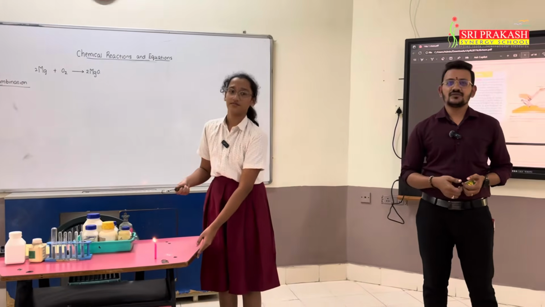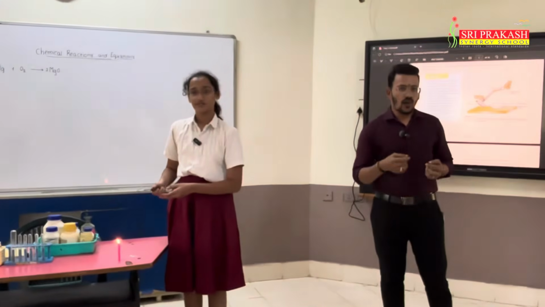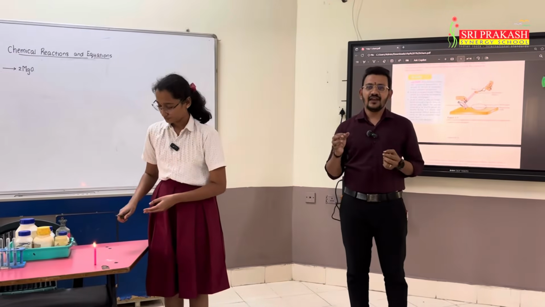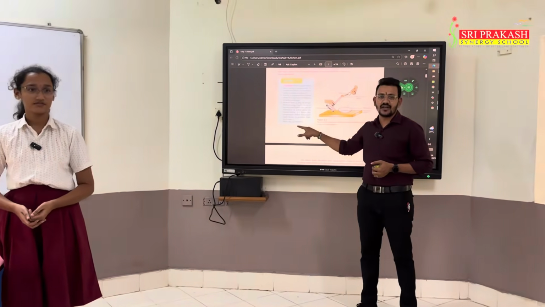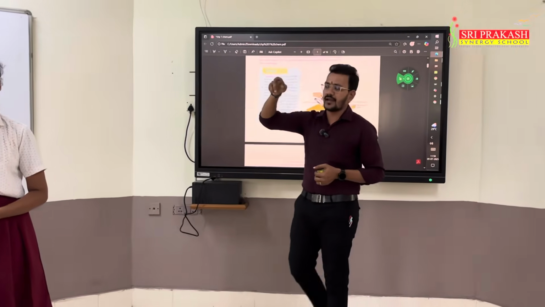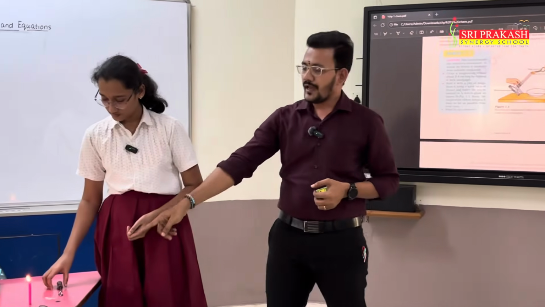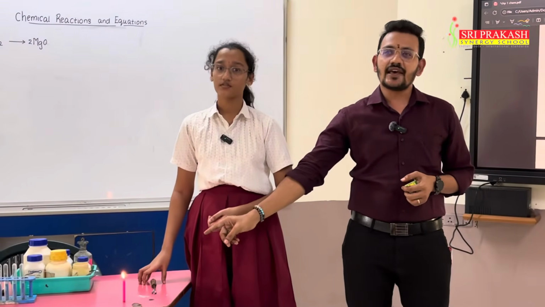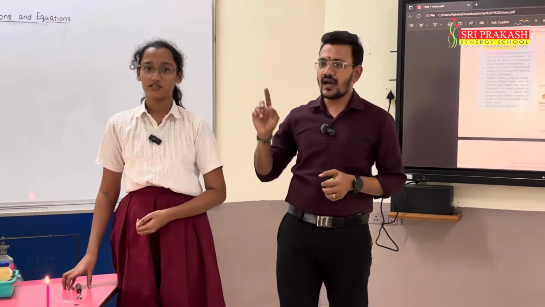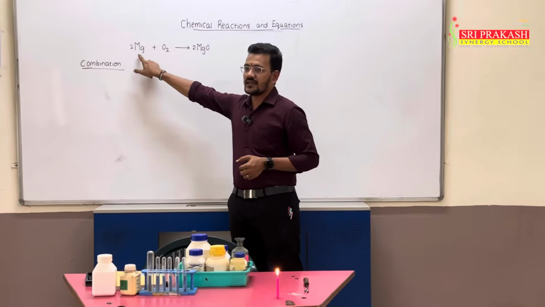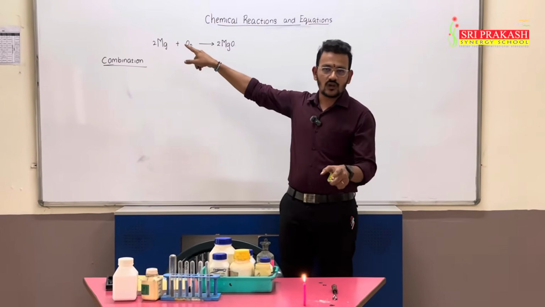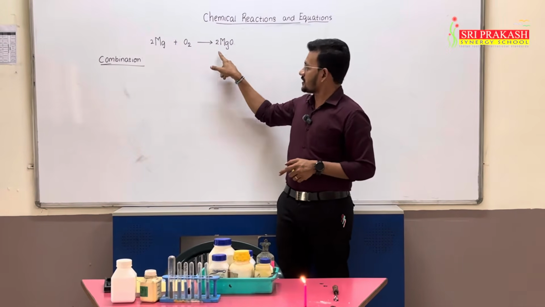What did you observe? A white dazzling light has been formed. And look at the product that is formed: a white colored ash. Yes or no? So now the equation we have written on the board: the magnesium which she held with the tongs and burnt, what is formed?